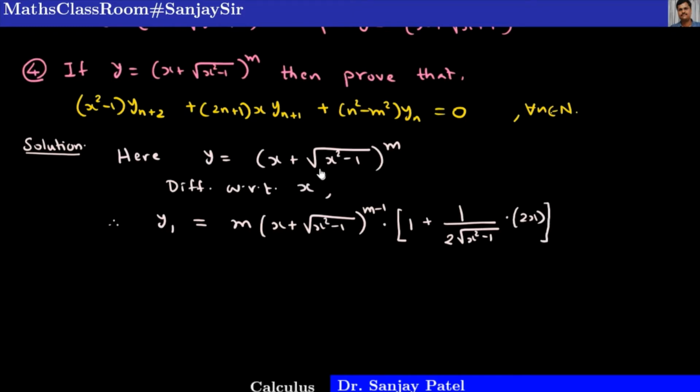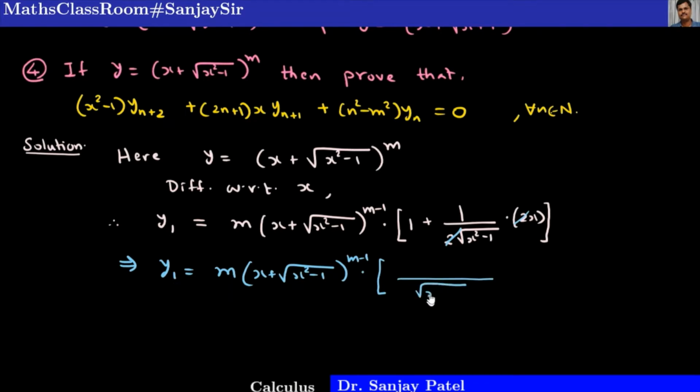Let us simplify this. So on simplifying, we get y1 is equal to m into (x plus square root of x square minus 1) raised to m minus 1 into, here these two will be cancelled. The LCM of these two terms is square root of x square minus 1.